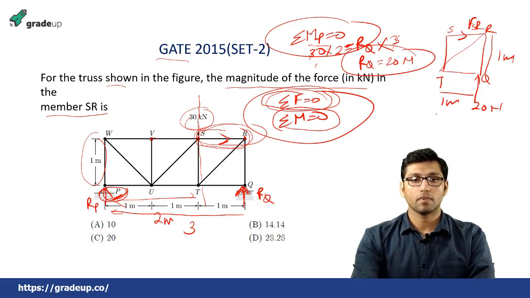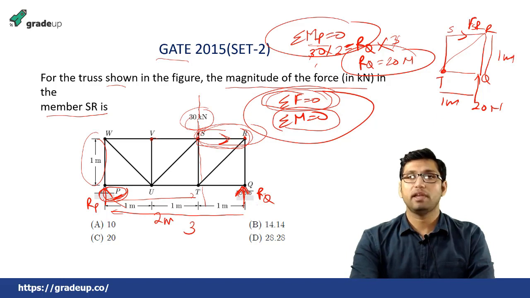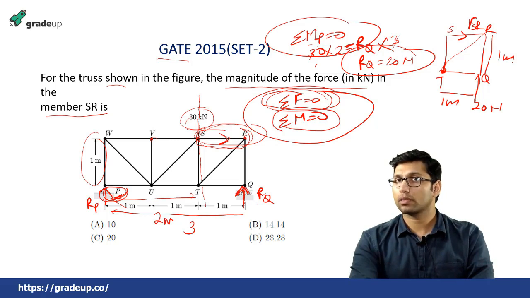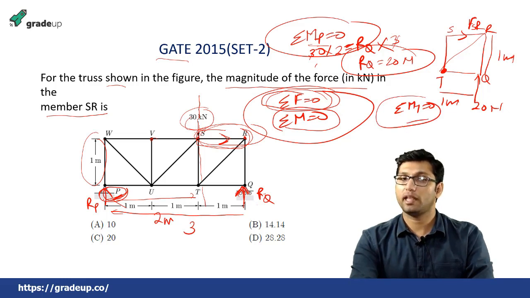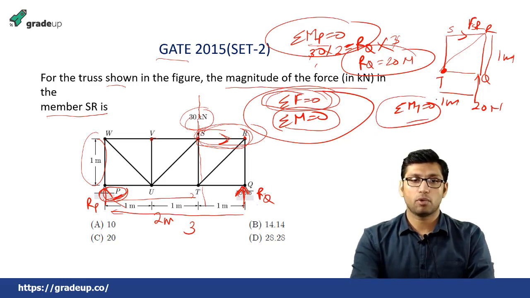Now we have to find the unknown force FSR. At point T, if we apply the moment, there is no force acting at this point, so the moment at point T will be equal to 0.